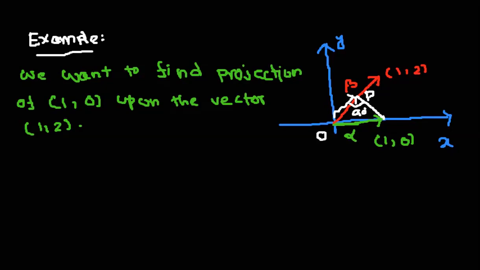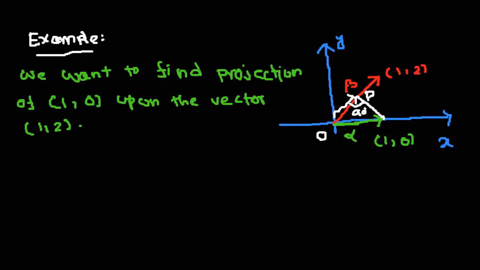You can think about it informally as the shadow of the vector alpha in the direction of the vector beta. So now we can use the formula directly to calculate the projection vector.